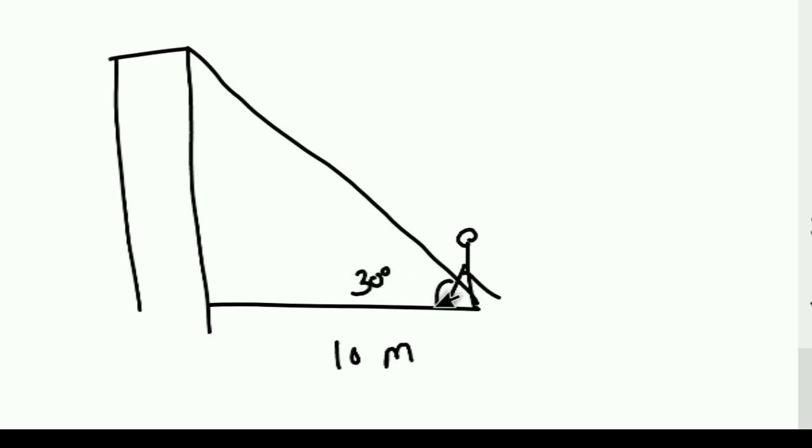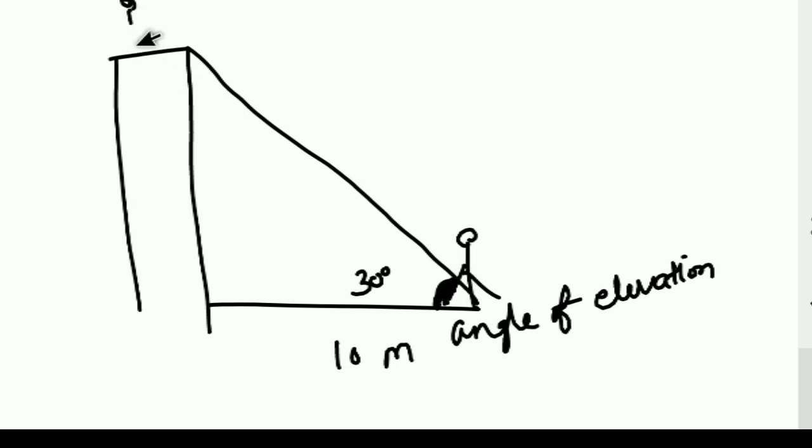This angle is called the angle of elevation. The person is watching from the ground to the top of the building, so this angle is called the angle of elevation. And if the person watches from here to the downside, then this angle will be called the angle of depression.